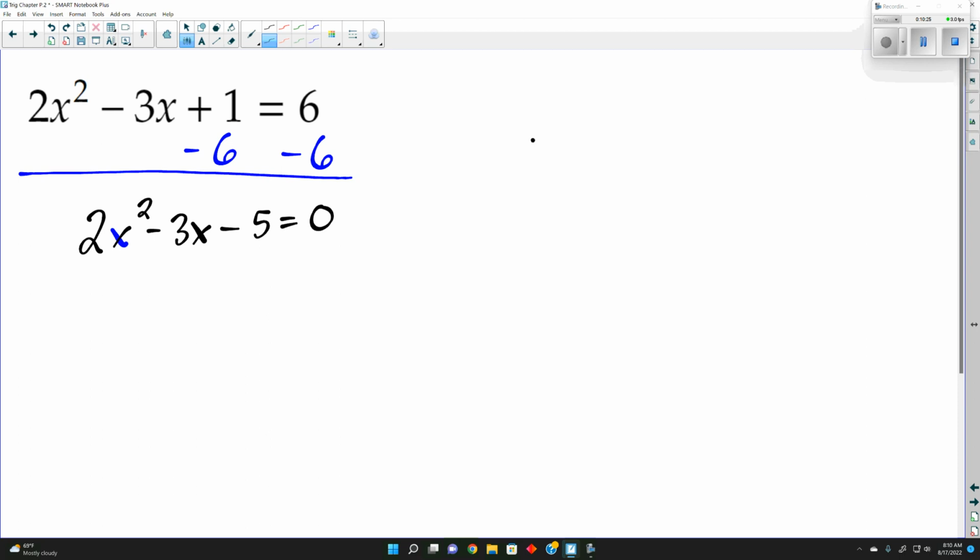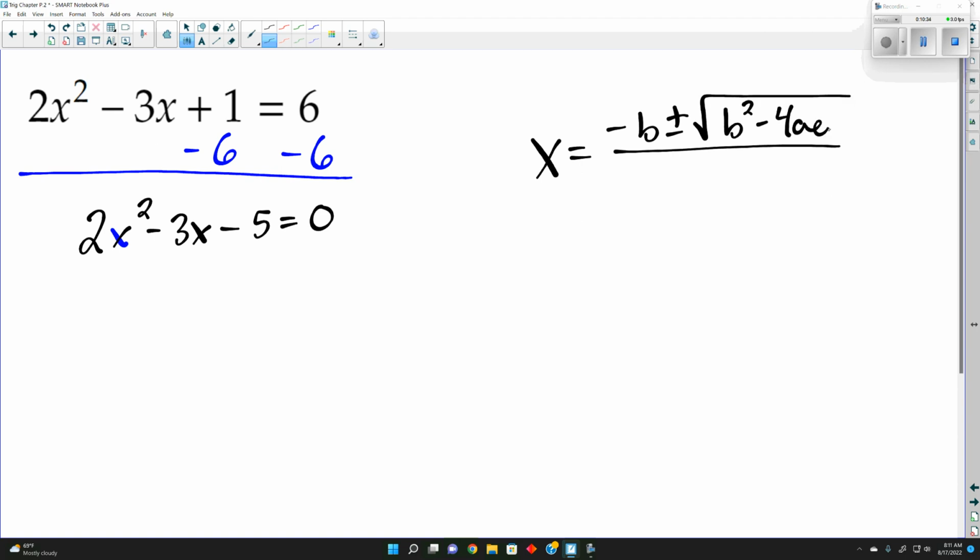Now again, the quadratic formula, x is equal to negative b plus or minus the square root of b squared minus 4ac all over 2a. So this here is just the quadratic formula.